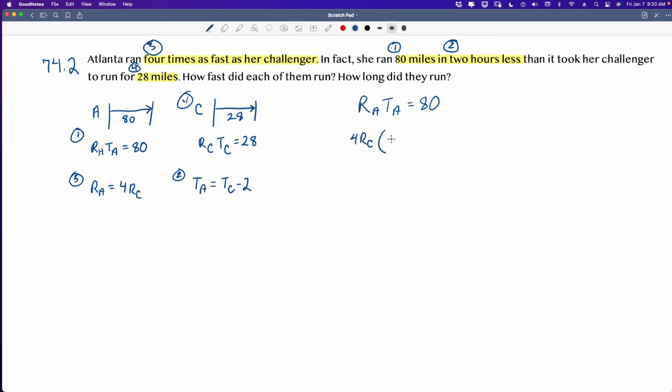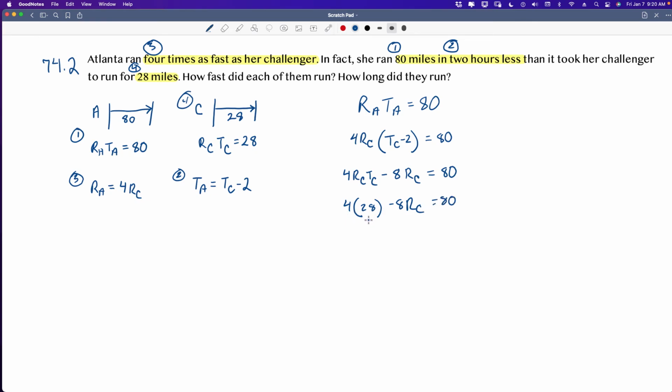And TA is TC minus 2. That equals 80. Now we can multiply. So we have 4RC TC minus 8RC equals 80. Well, we know what RC TC is. It's 28. So 4 times 28 minus 8RC is equal to 80.